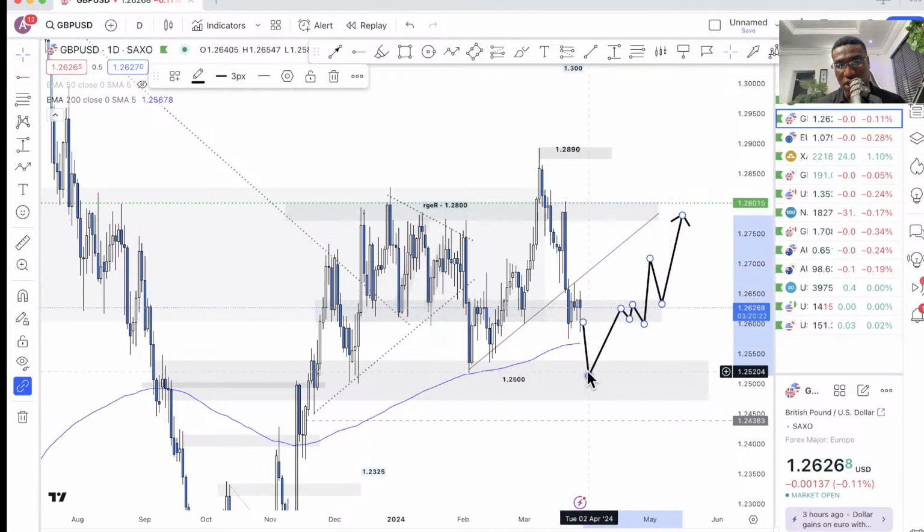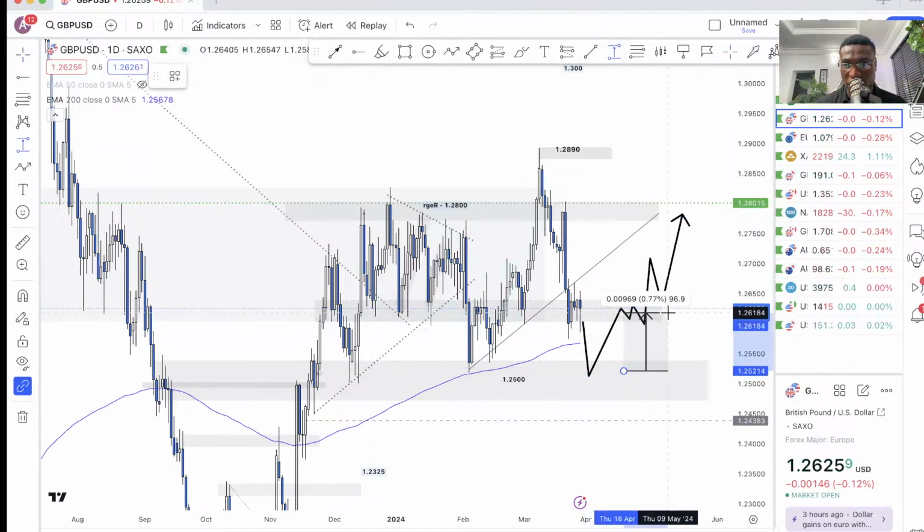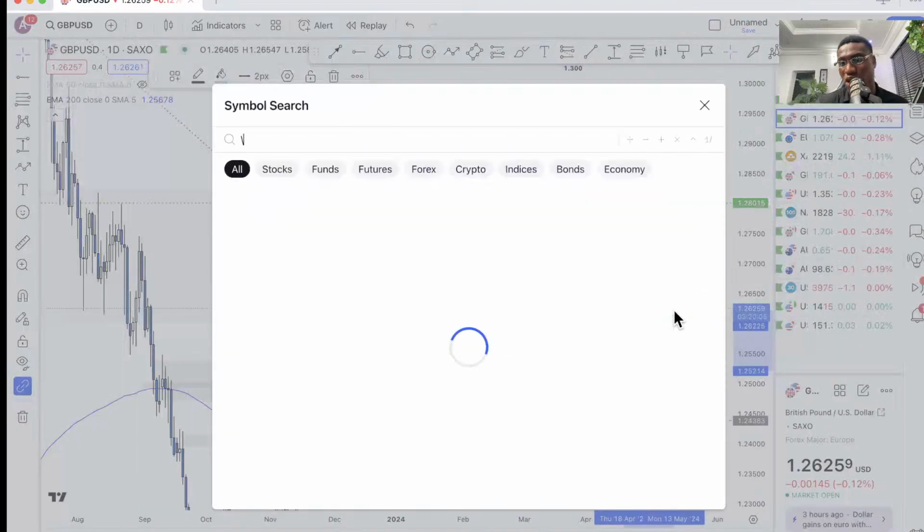It's kind of limited, because when you start buying here, when you see confirmations, your targets would be this level, because obviously for the market to get here, it has to break this point first. And we're looking at about 100 pips.